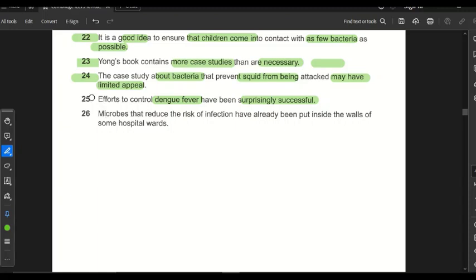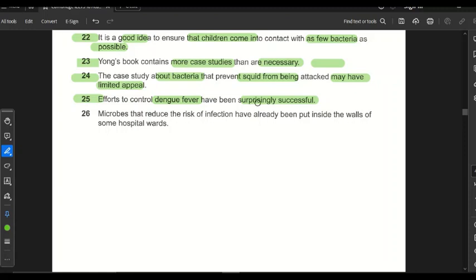So this makes this specific statement no. We have there are efforts to control dengue fever, which was described in there. However, it hasn't been stated that it was surprisingly successful. And that makes this answer a no. Has this effort been successful, so surprisingly successful?